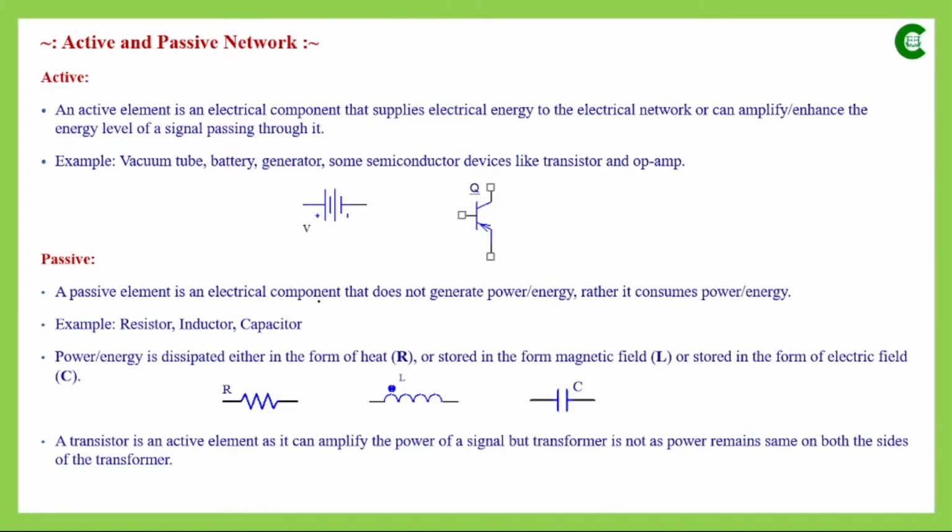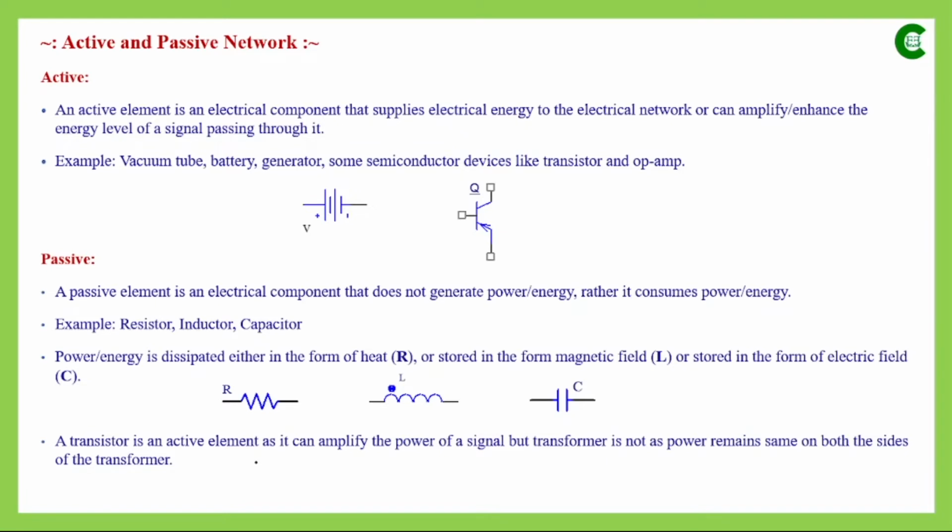A network that has all passive elements is called a passive network. A resistor absorbs and dissipates power in the form of heat, in an inductor the electrical energy is stored in the form of a magnetic field, and in a capacitor the electrical energy is stored in the form of an electric field.